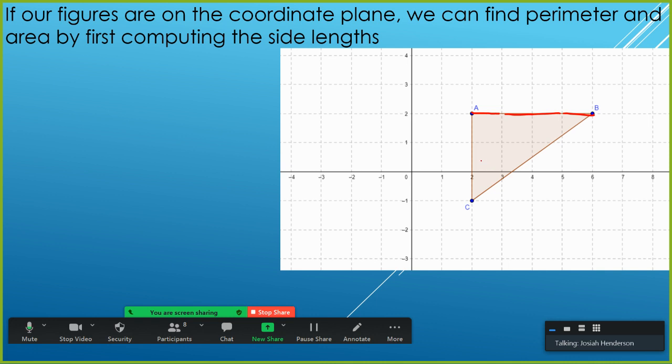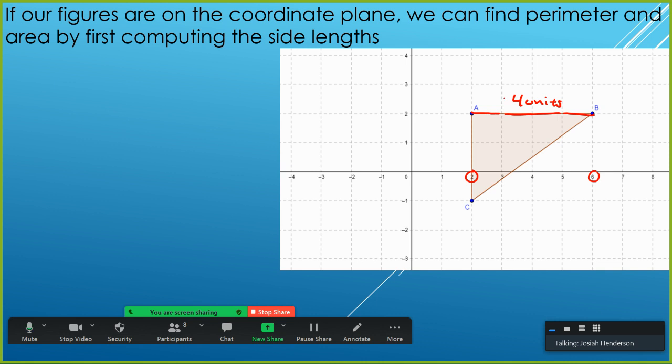Sometimes they're counting by 5s or by 2s, so double check that. It's going from 2 at A to 6 at B, so AB has to be 4 units long.